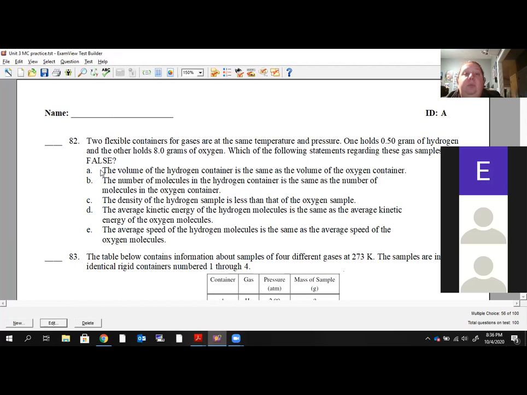So the volume of the hydrogen is the same as the volume of the oxygen. This is true because they're at the same temperature and the same pressure. Half a gram of hydrogen: the molar mass of hydrogen gas is 2 because it's H2.